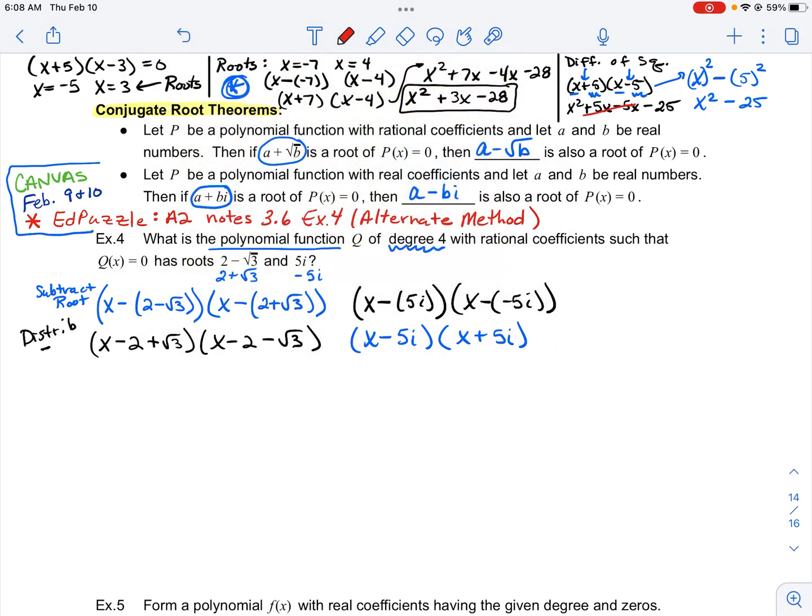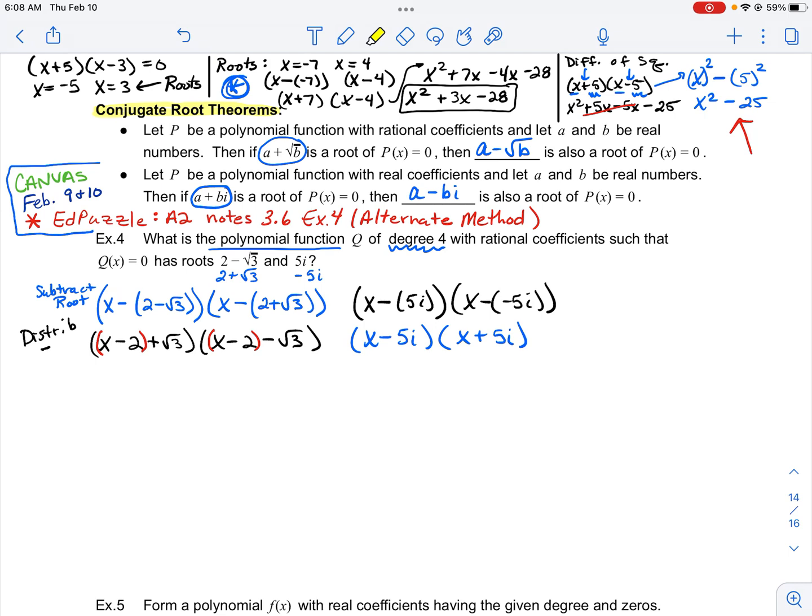Now, the entire purpose and point of me coming up here, one of the warm-up pieces that I had you do was work through the difference of squares. That's what I'm creating as I'm rewriting these. So within my first group of parentheses, I'm going to group together x minus 2. That's the commutative property that allows us to do that.